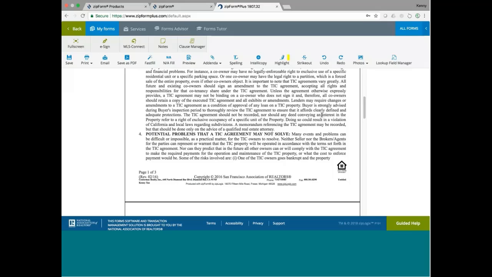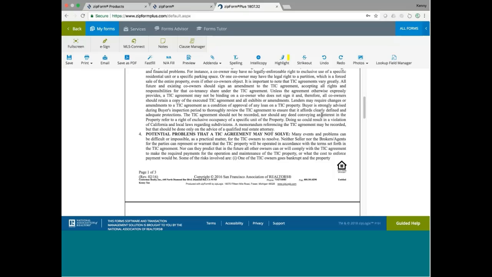For example, if one of the owners goes into bankruptcy, if it's a condominium and an individual condominium owner goes into bankruptcy, it may still affect other property owners, other condo owners.